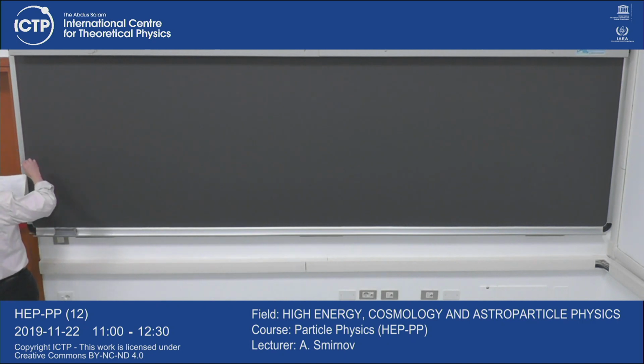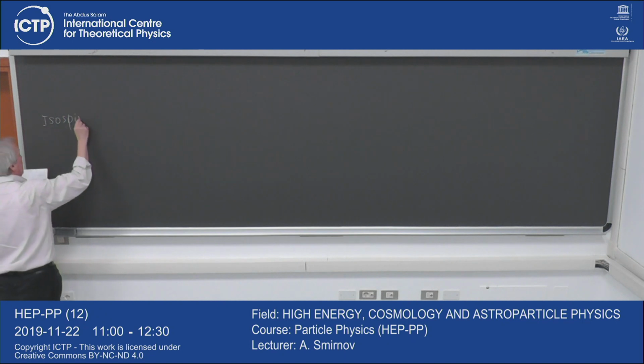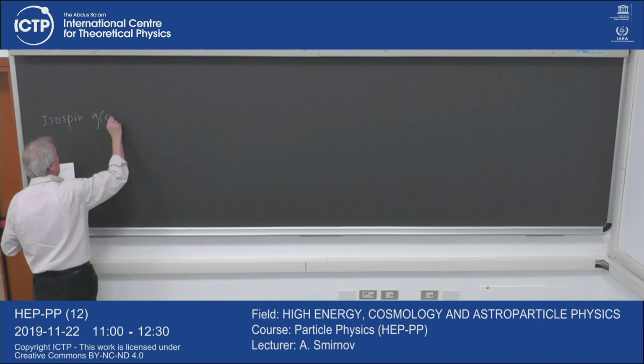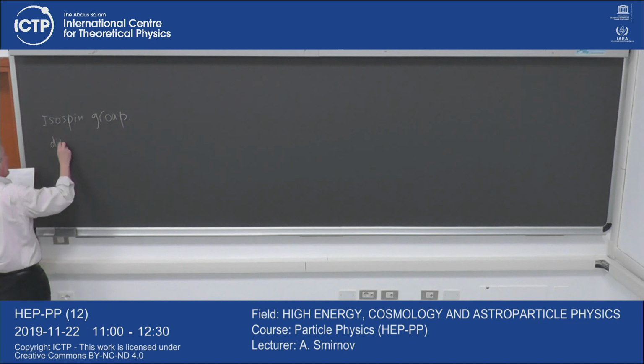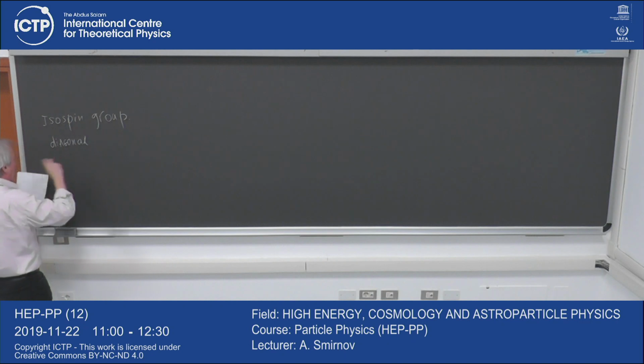So we have this isospin group which has a diagonal generator.